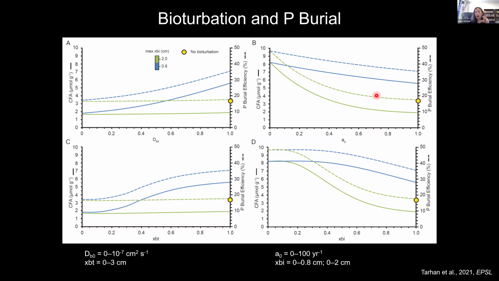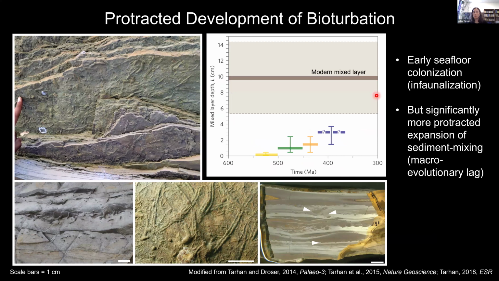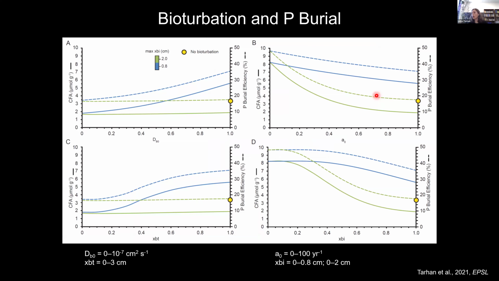But if we think back to what we've learned from our stratigraphic archives, and recall that these suggest we have abundant colonization of the seafloor, abundant burrow constructions quite early in the evolutionary history of animals, but that sediment mixing is not keeping pace with that, that might suggest that in many early Paleozoic shallow marine settings, bioturbation was dominated by bioirrigation associated with burrow construction, with domicile construction in particular.